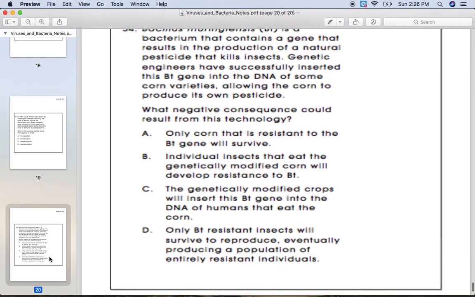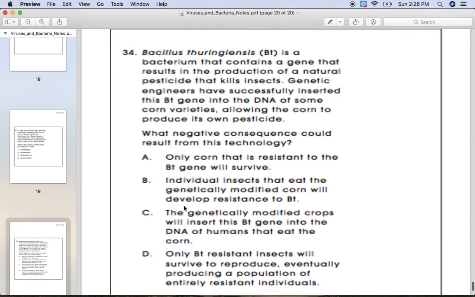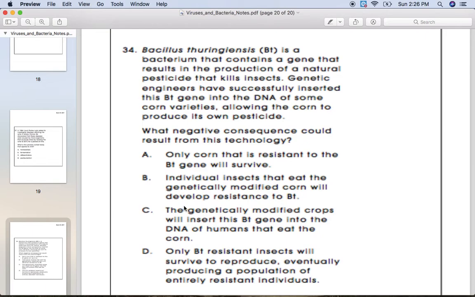And last but not least, this is kind of a long question, and it starts out with a long scientific name, Bacillus thuringiensis. I always tell kids that if you're taking a standardized test and there's some big long name there that is going to mess with you, just call it Bob. So we're going to call this guy Bob. Bob's a bacterium, and a bacterium is one single bacteria.